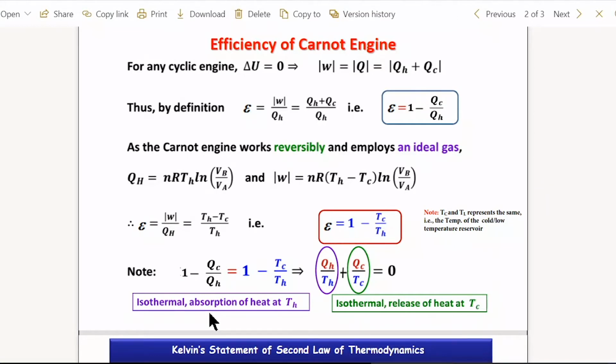One is the isothermal absorption at temperature Th, and another one is the isothermal release at Tc. So the isothermal absorption at Th minus the isothermal release at Tc, divided by the corresponding temperature, should be equal to 0.